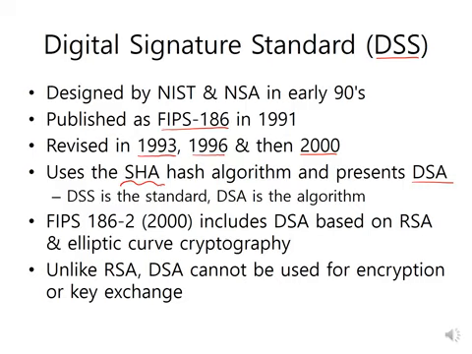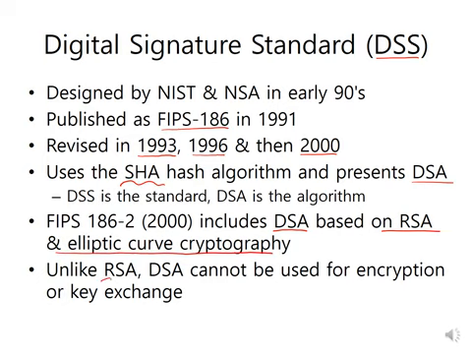And some standard published in 2000, the DSA algorithm was included in the standard, and then the DSA was developed based on the RSA and elliptic curve cryptography. But unlike the RSA, DSA cannot be used for encryption or key exchange.